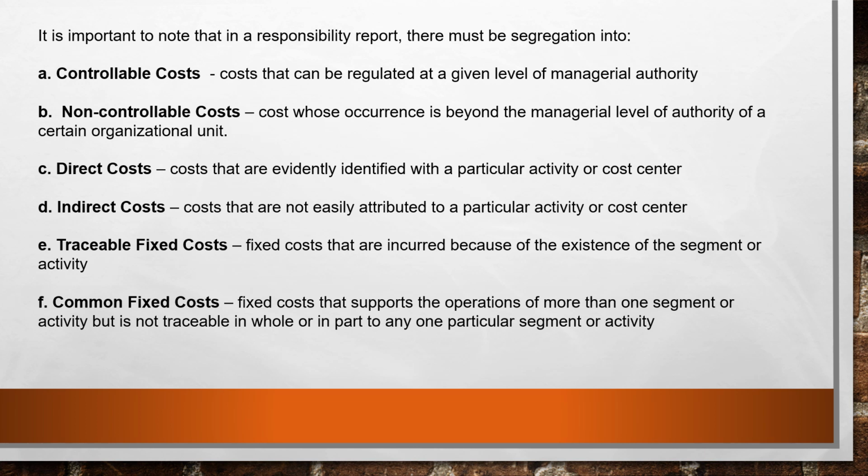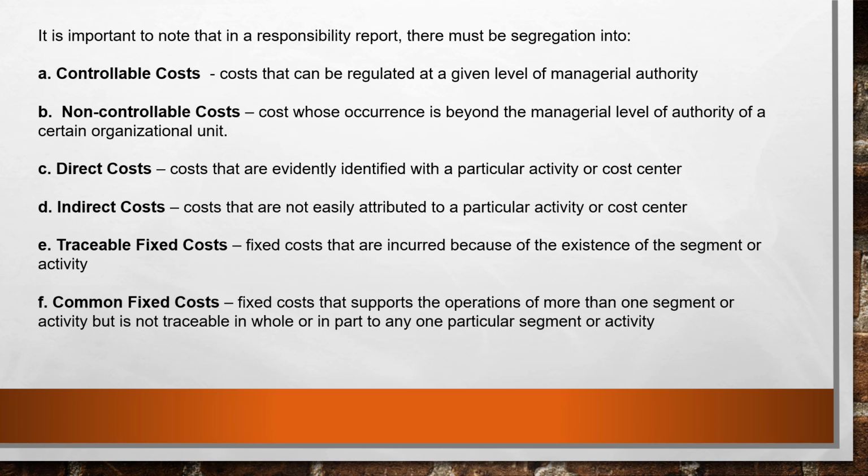For instance, if they are hiring an HR agency to manage the company employees, the salary of that HR manager will be a part of each division, but it is not directly attributed to the printing division or to the binding division, because it is general.